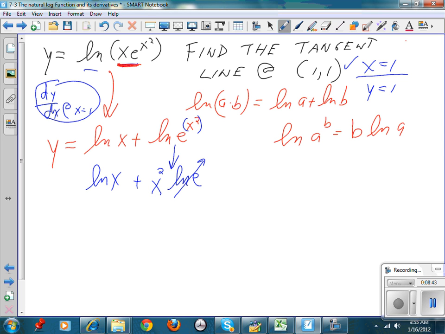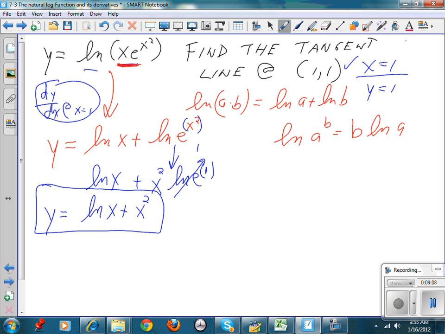These are inverses of each other, right? The natural log of the exponent, that's like saying the natural log of x to the first power, right? So the natural log of e is equal to 1. So this whole thing, with a little bit of properties of logs and remembering what the inverse was, here's the function. Another way of writing the function.